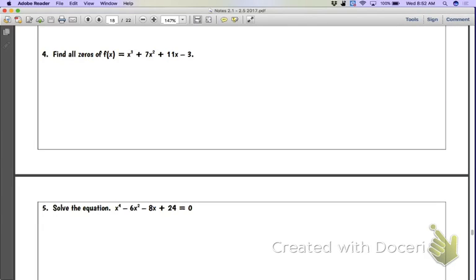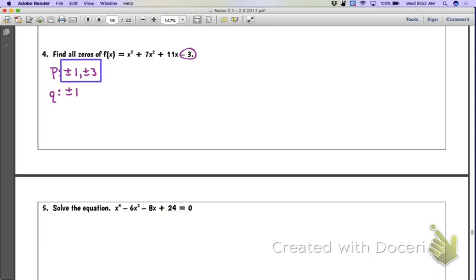The only options that I have here for P are plus or minus 1 and plus or minus 3. Q is not going to add anything to my list because I'm just going to divide it by 1. So the only options I have are positive 1, negative 1, positive 3, and negative 3.